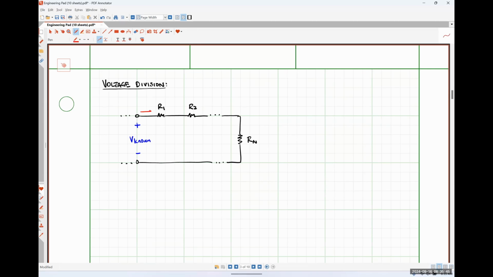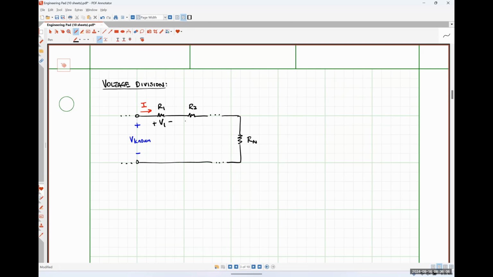I'm going to assume that there is some current I flowing through this series resistor network. And here the polarities are incredibly important. I'm going to assign my resistor voltage polarities such that the current I is flowing into the positive polarity terminal.